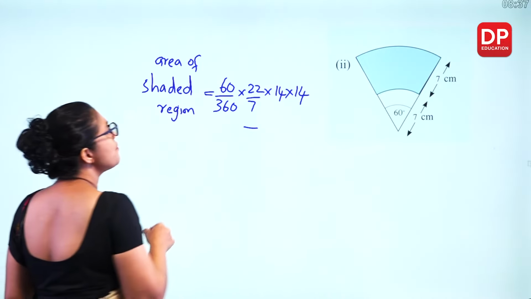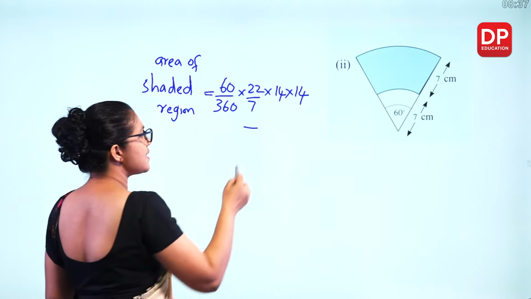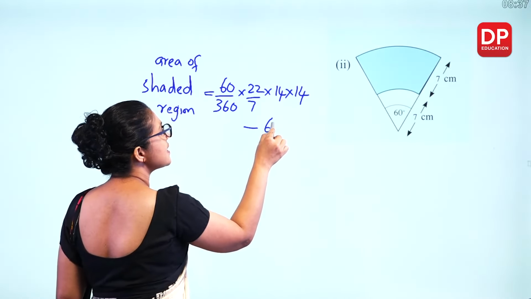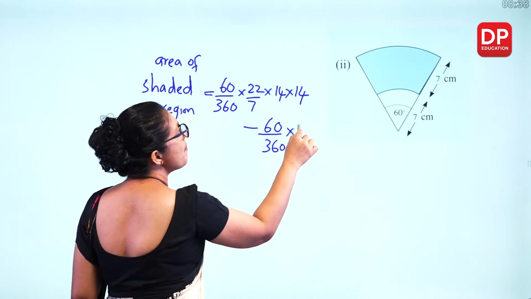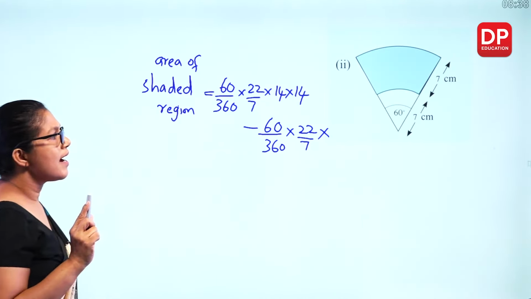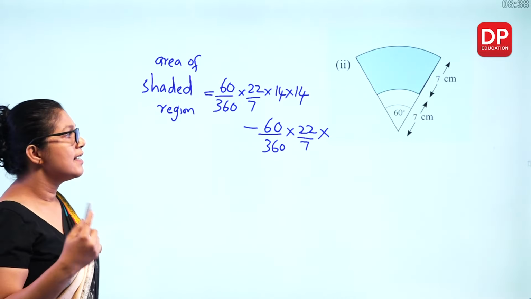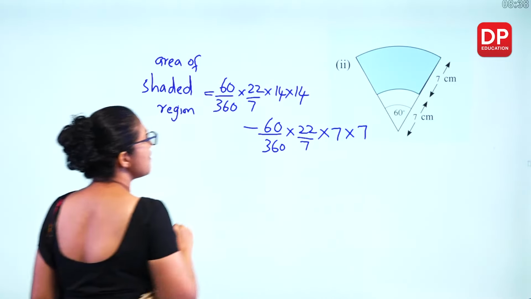And you have to subtract the smaller sector. So what's the area of the smallest sector? 60 over 360 into pi 22 over 7. And what's the radius? Radius is 7. So 7 times 7.